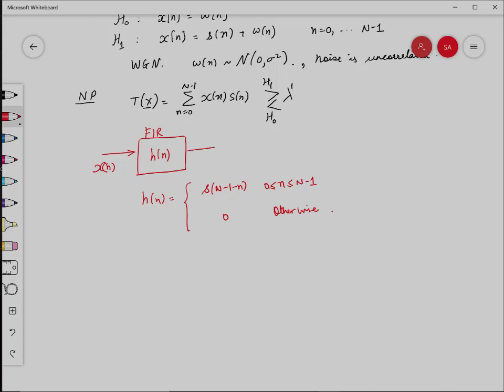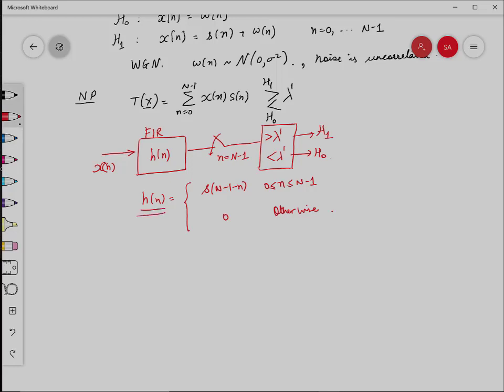Then we take the output y[n] and pass it through a switch. The switch is closed at n equal to capital N minus 1, and the output of this switch goes to a threshold detector. If it is greater than lambda dash, we detect H1. If it is less than lambda dash, we detect H0. This h[n] was our matched filter.